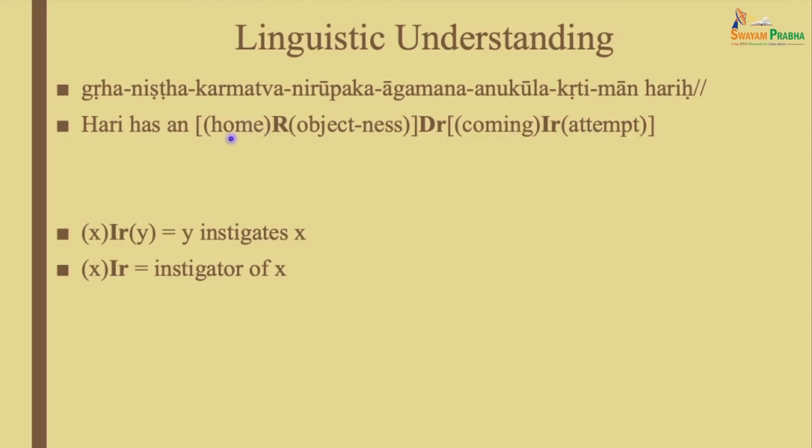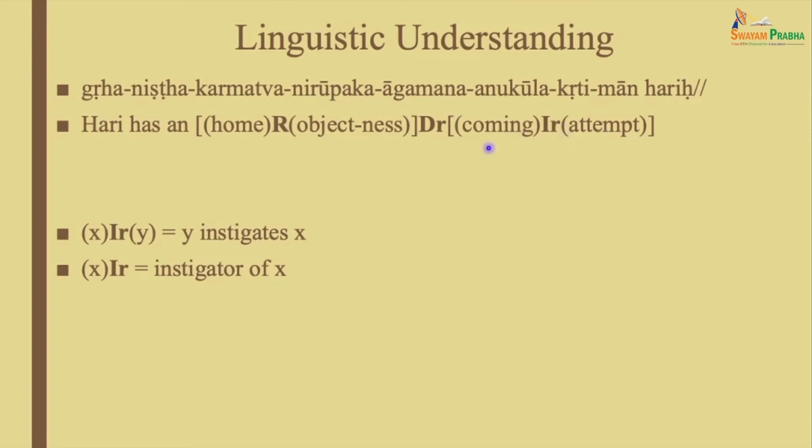So that is how home, or here our home, becomes the object, because it has objectness, and that is determined by an attempt. What kind of an attempt? The kriti, the attempt which supports coming, or which instigates coming.